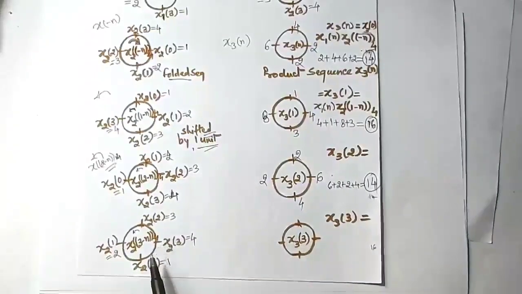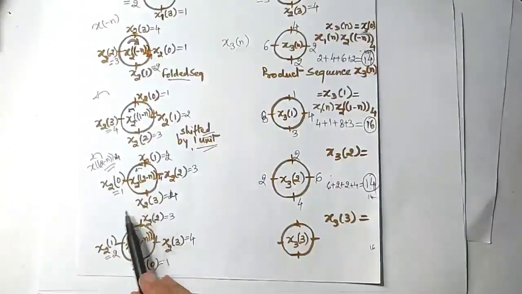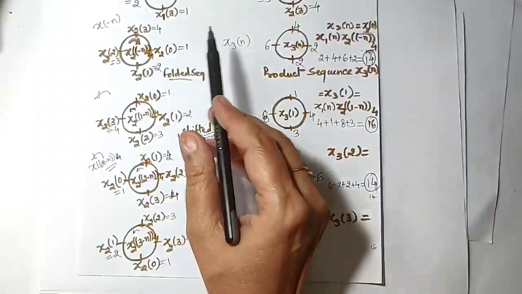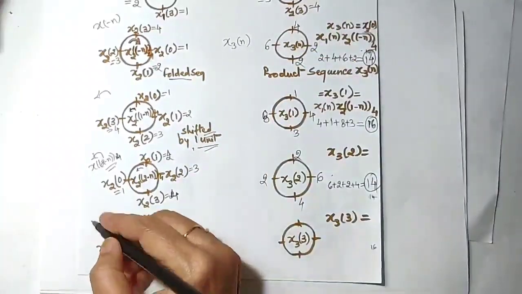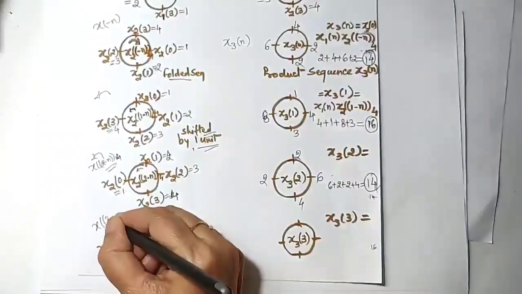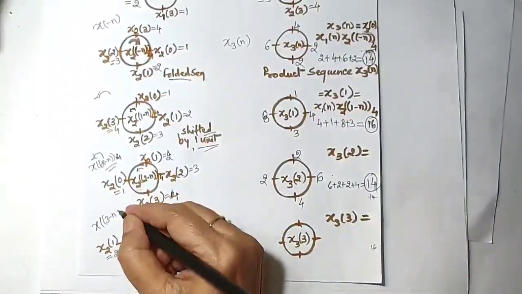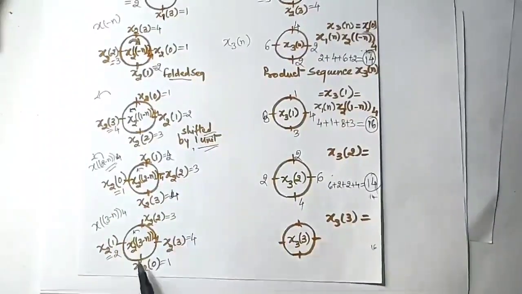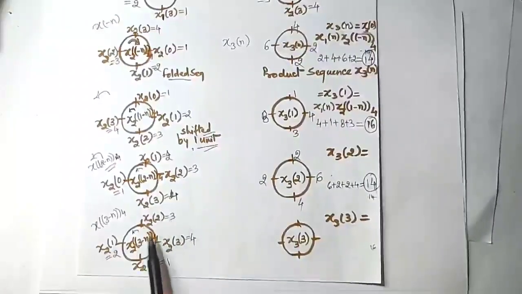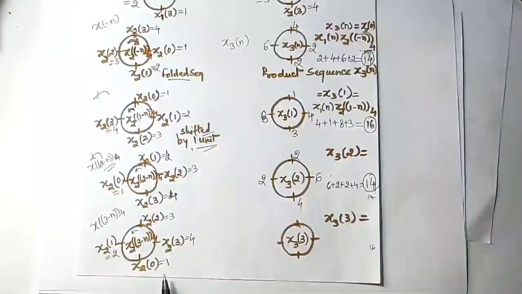Now again shifting, for the 4 steps, 1, 2, 3, 4. So this is for modulo N. This is actually a 3 unit shifting.